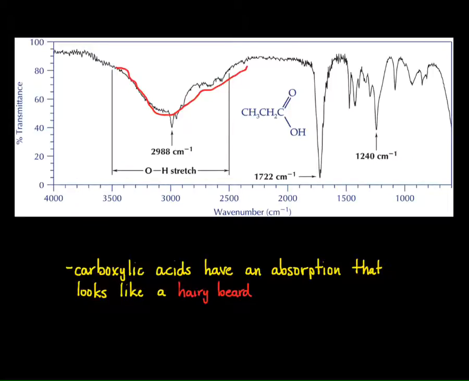So if you see this ugly spectrum with this big hairy beard, you should be thinking carboxylic acids. Another highlight happens to actually be this right here, this particular signal at 1722, which corresponds to the carbonyl group, the carbon-oxygen double bond, which I'll talk about in just a little bit, right?